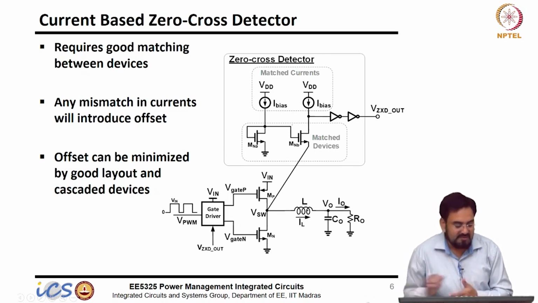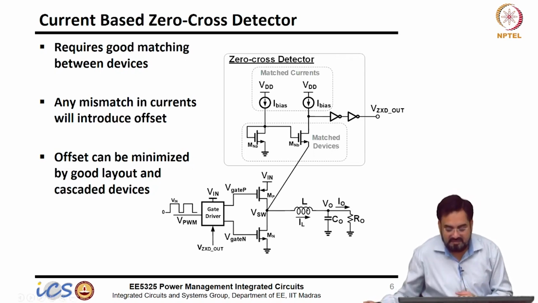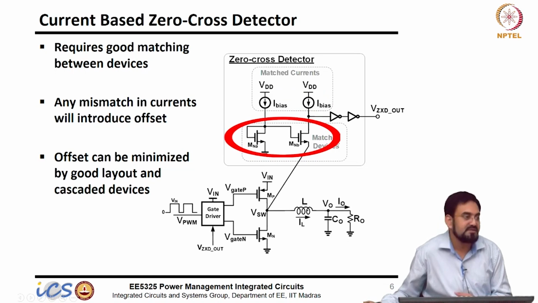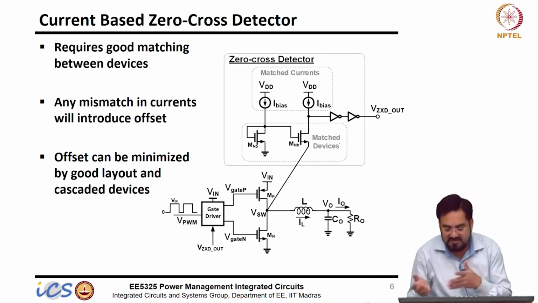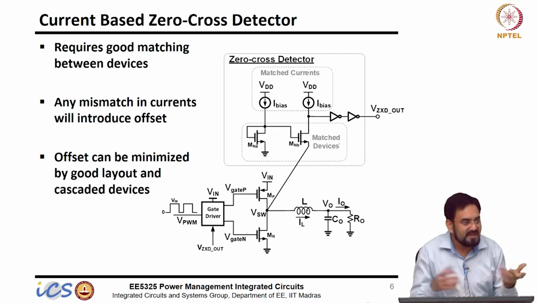But what is the problem with this? Current matching is the main thing you require, which means these two bias currents should be matched and these two devices should be matched. You can do a very good layout, but still there are chances, and we know a small mismatch here, since we are looking at around the 0 level, may introduce a large error.